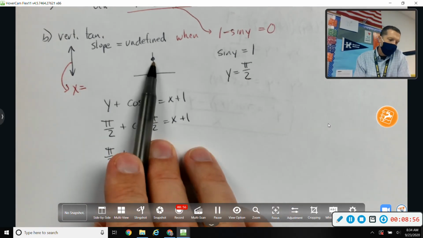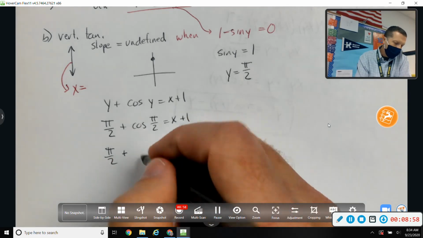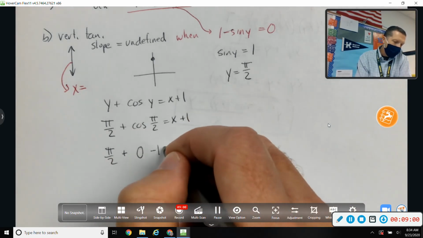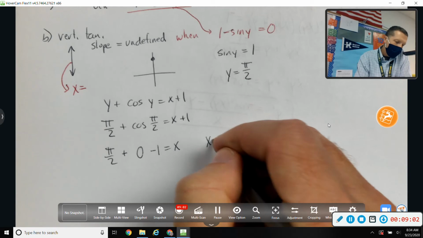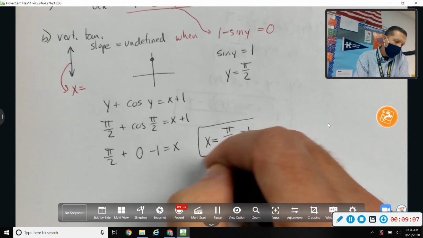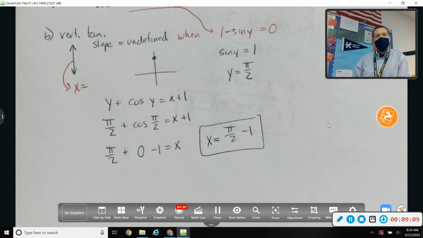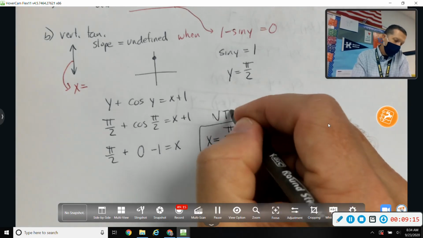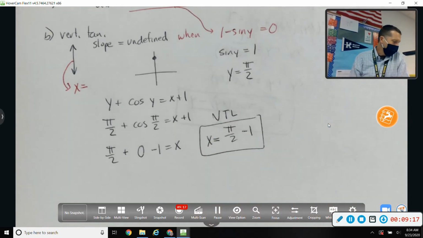The cosine there is 0. Then I'll move the 1 over. So the x value is pi over 2 minus 1. So the vertical tangent line is x equals pi over 2 minus 1.